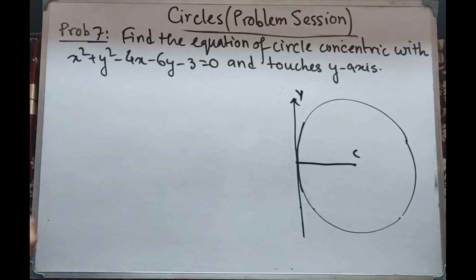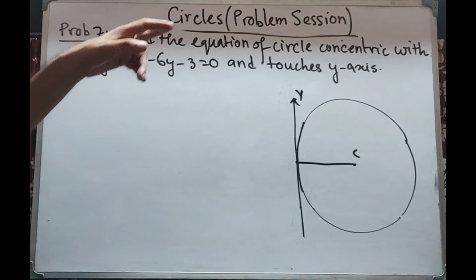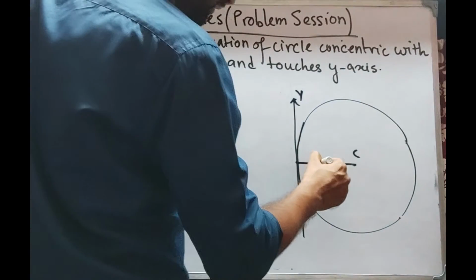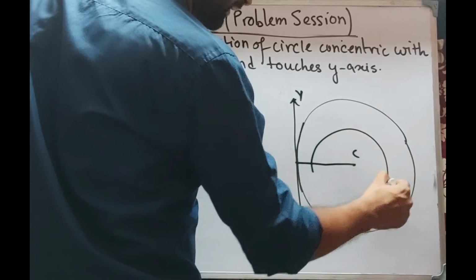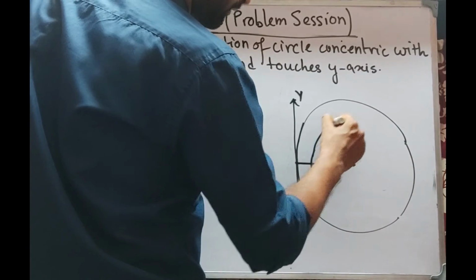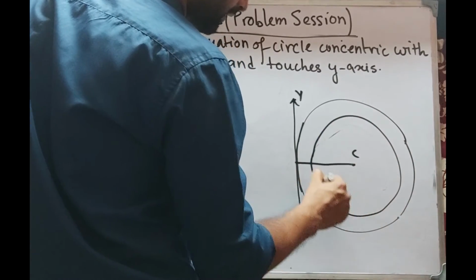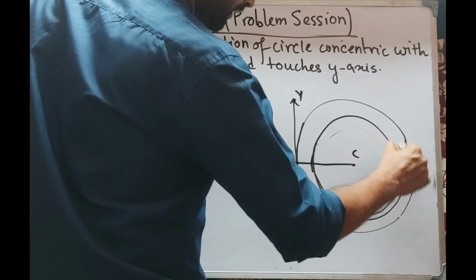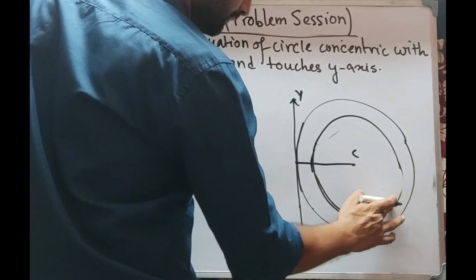Now you see one thing. Another condition is given: the circle is concentric with this circle. So that means this circle must be somewhere either inside the required circle, or somewhere outside the required circle. So it is giving you the idea of the center of the circle.